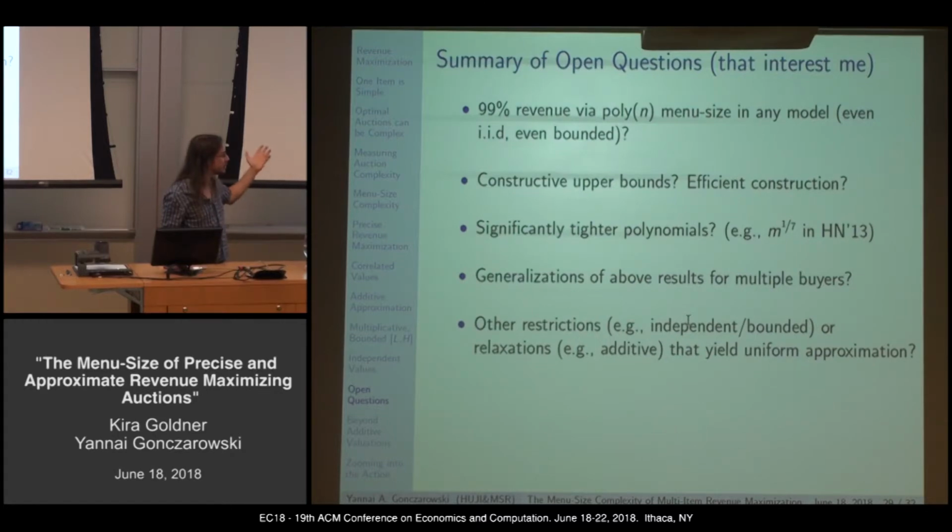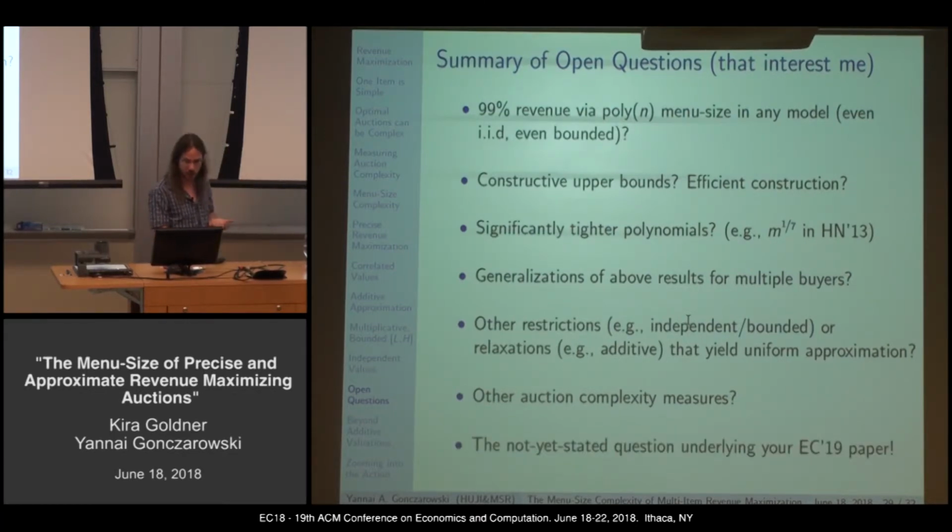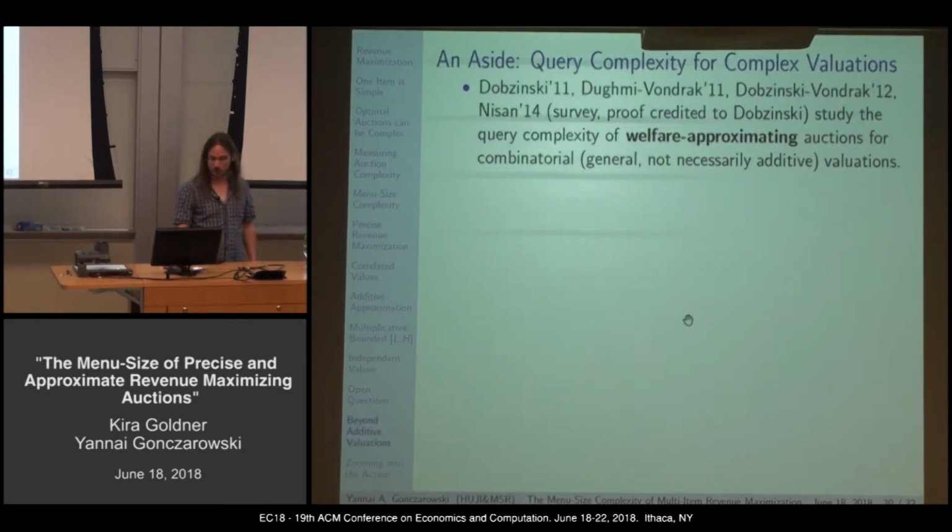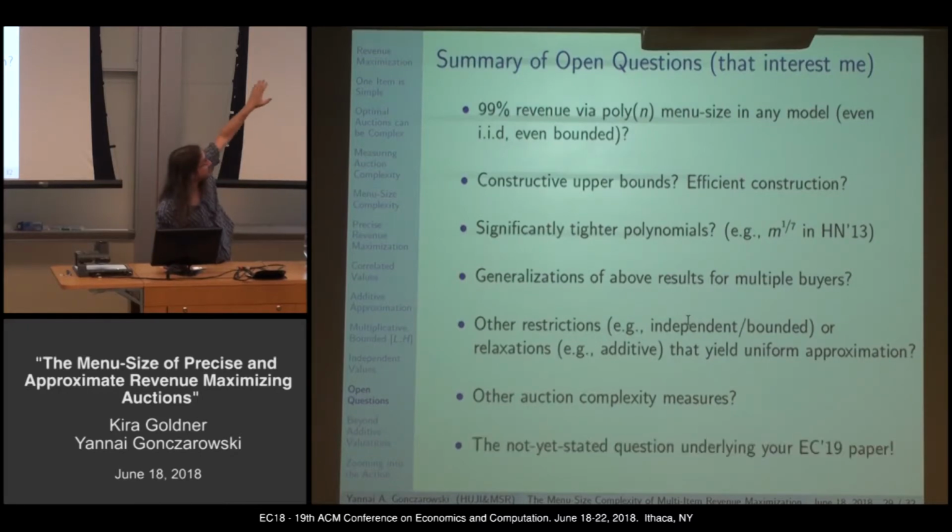Other restrictions, such as independent valuations, bounded valuations, or other relaxations, such as additive approximation, that yield uniform convergence, uniform approximation. Other auction complexity measures, we talked about that in the beginning. And the not yet stated question underlying your EC'19 paper. Seriously, this is under the category of open questions that interest me.